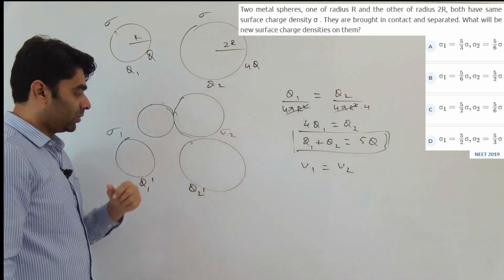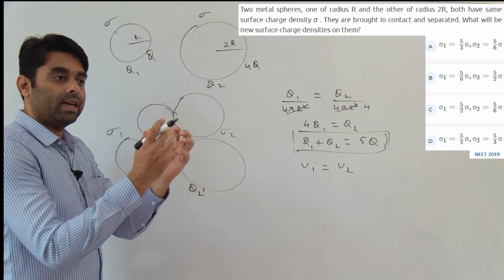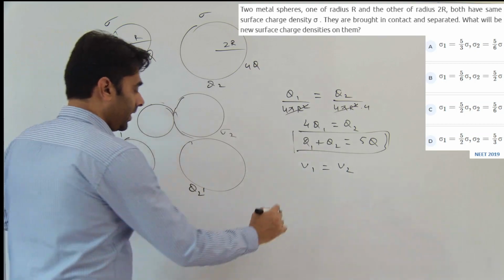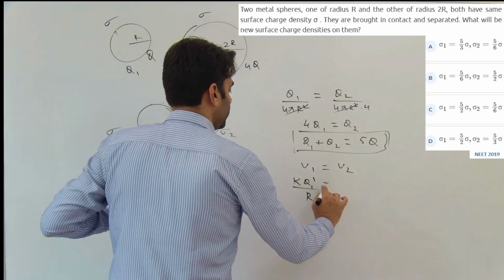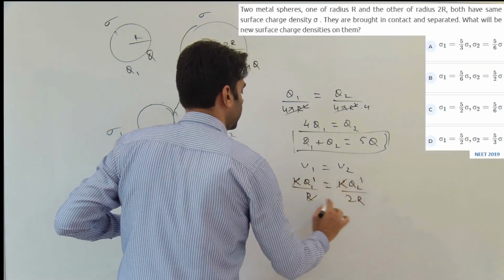Charge redistribution takes place such that potential is same. If potential is same, so what can I write? K q1 dash by r is equals to k q2 dash by 2r. K cancel, r cancel.